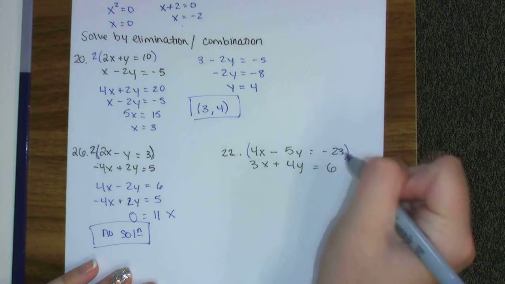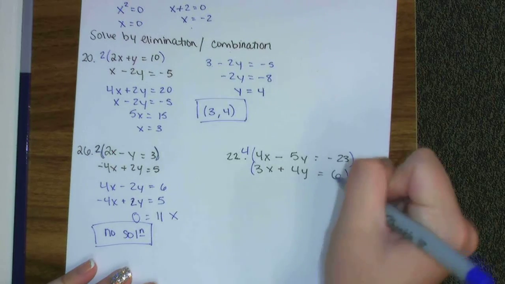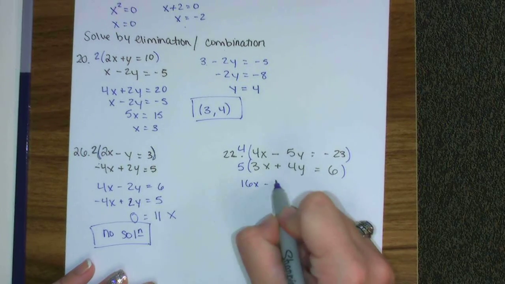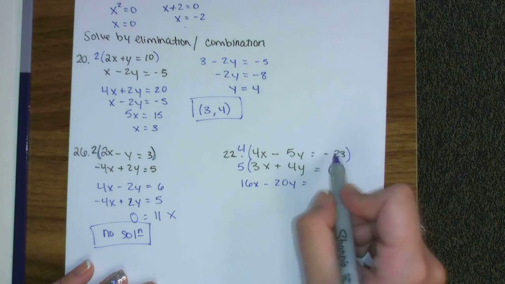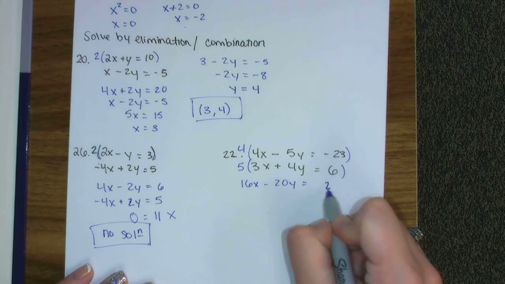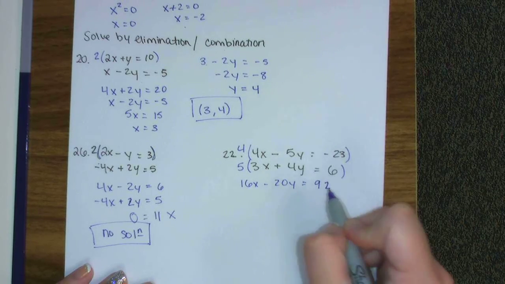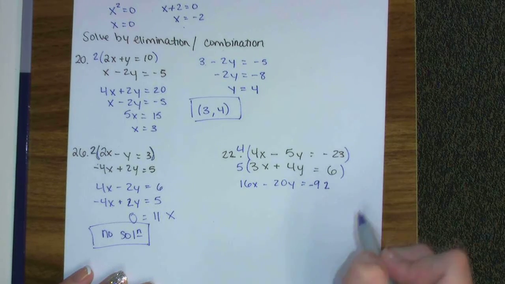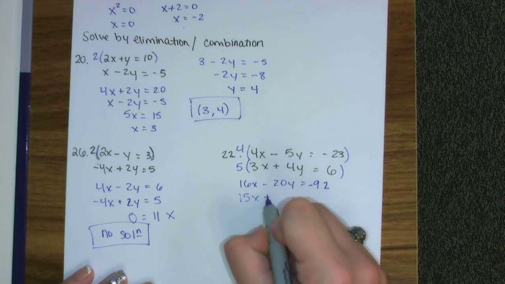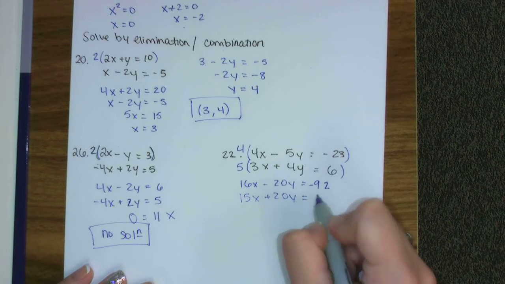Basically multiply this one by 4, multiply this one by 5, to get me 16x minus 20y is equal to, let's see, 92, we're going to call it 92, I think that's what it is. 15x plus 20y is equal to 30.